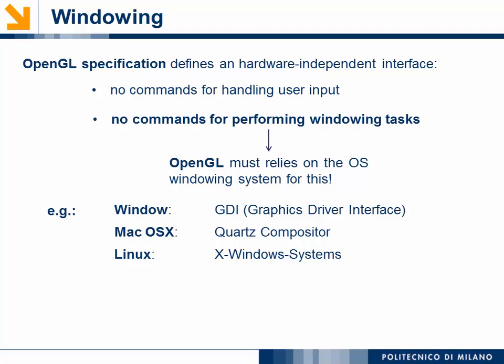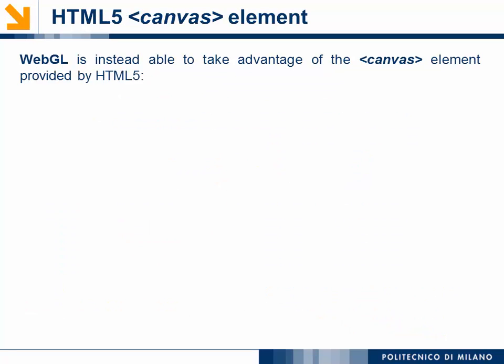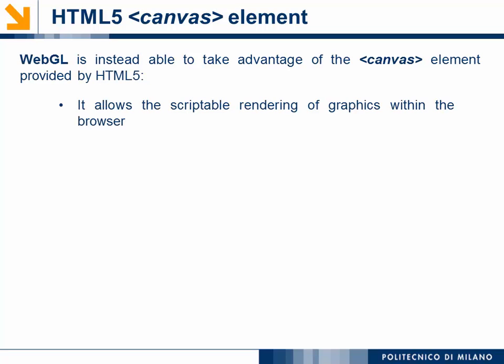So, since you have to rely on the OS, there are too many possibilities, because there are so many different APIs being exposed by a given operating system. And this, as I told you, requires a lot of extra libraries to maintain the communication between the two. Since we are taking advantage of the canvas element, we can, in this canvas element, script the rendering of any graphic we want.